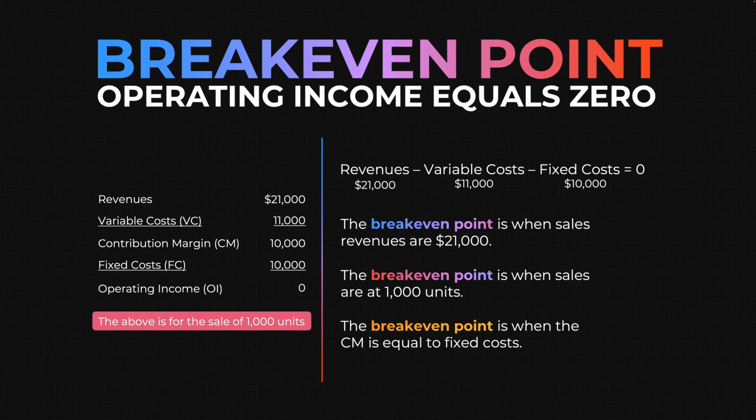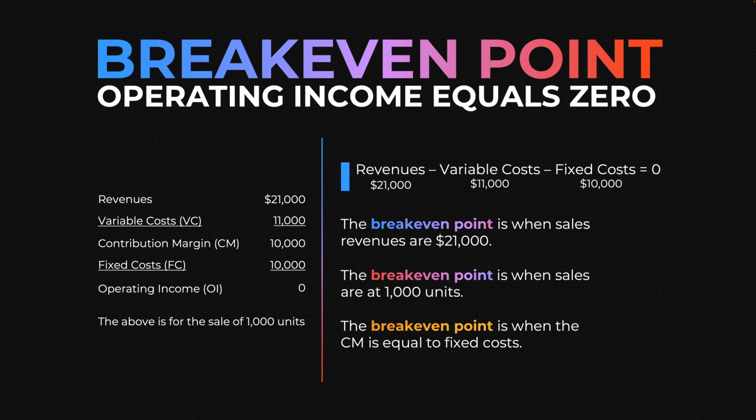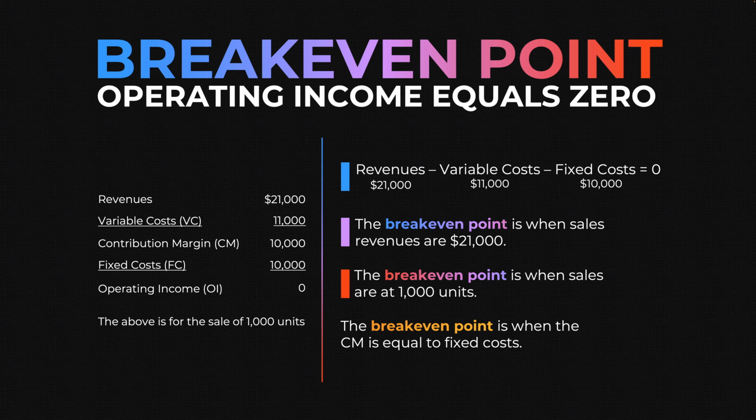So the break-even point is when operating income equals zero. We can prove that mathematically, or we could describe it by discussing the sales revenue in total dollars, or we can describe it by discussing the number of units when operating income is set to zero. And we also notice something interesting about the math, that the break-even point is when the contribution margin equals the fixed costs. So these are different ways to discuss it and to think about it.